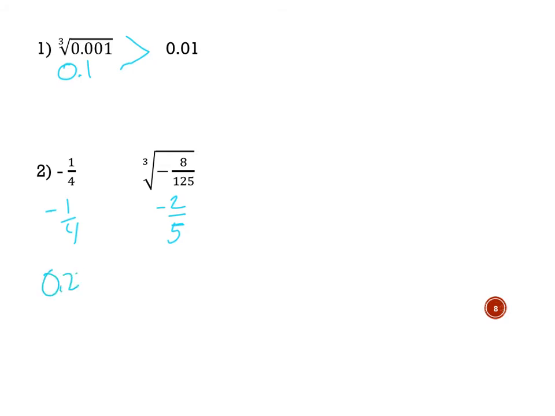So negative 0.25 and negative 0.4. Negative 0.25 is greater than negative 0.4, because remember, when we're dealing with negative numbers, the bigger the number gets, the smaller it actually is.